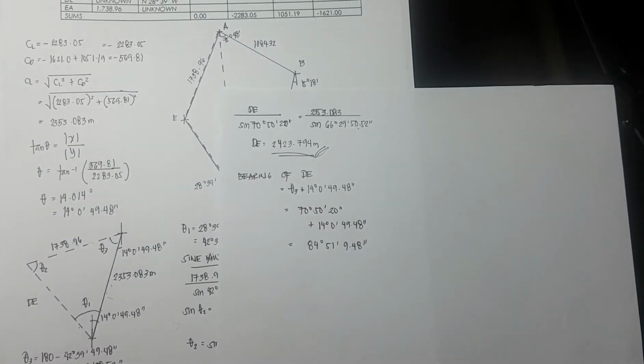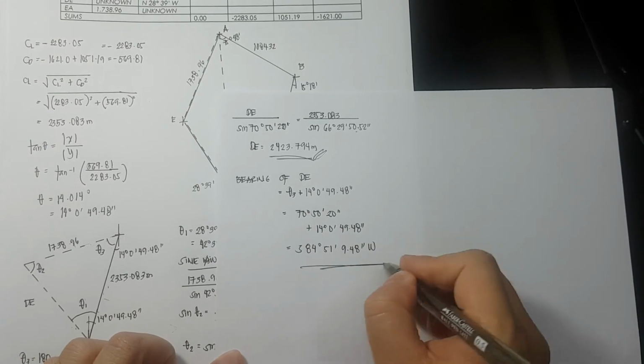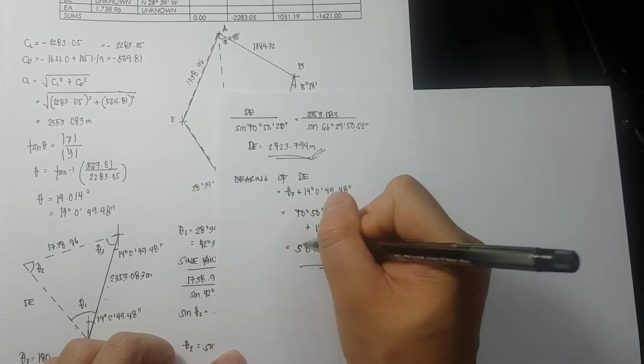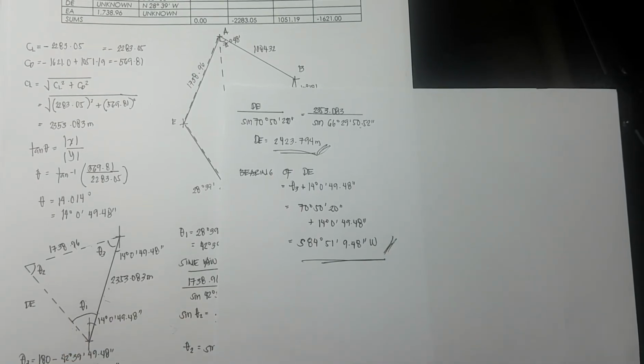Now, for the bearing, it is from south to west, and that is our missing values.